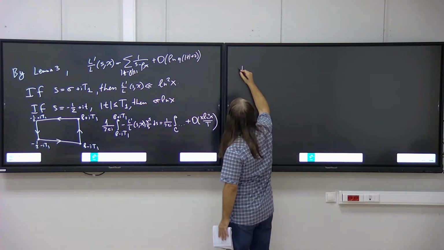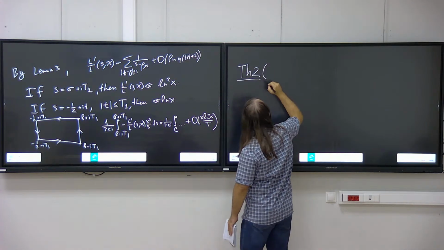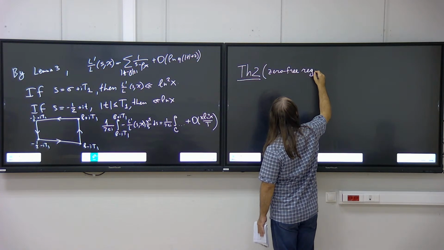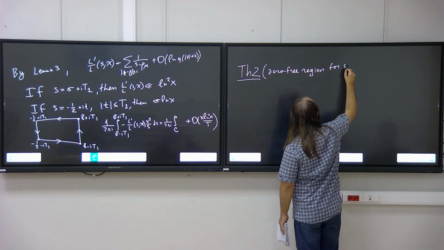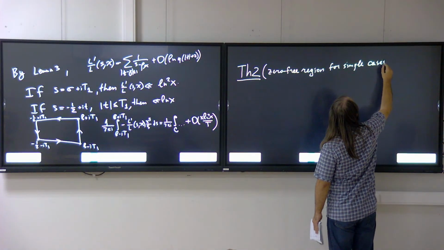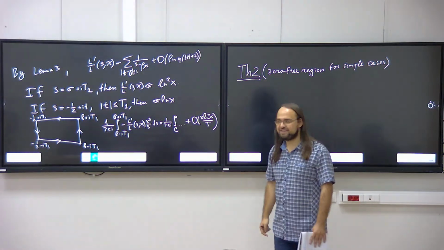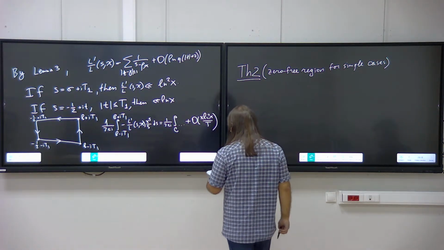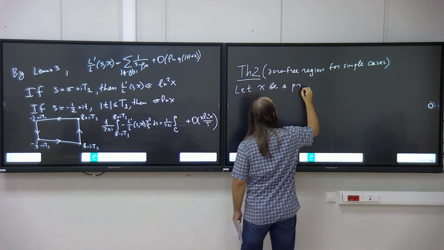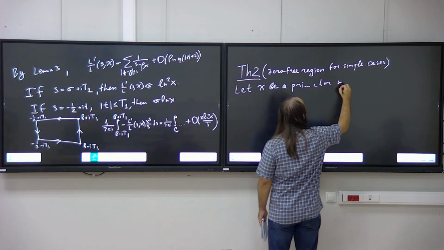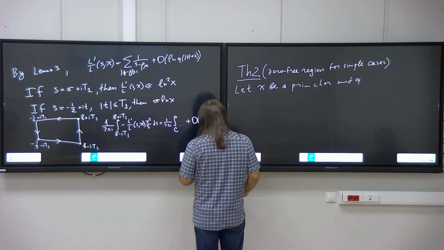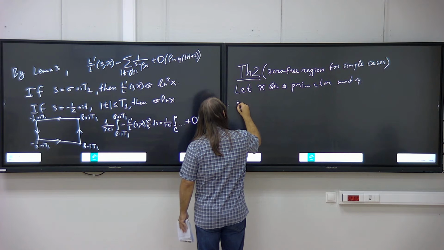Okay, so the second theorem is the zero free region for simple cases. Let chi be a primitive character modulo q. Then there are two cases.